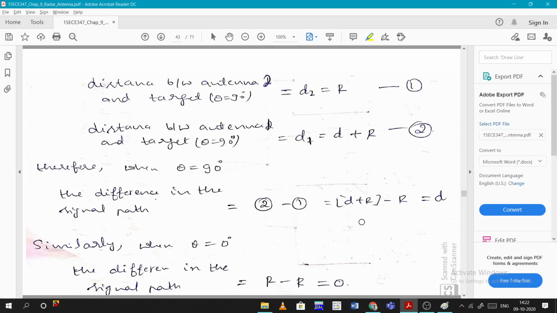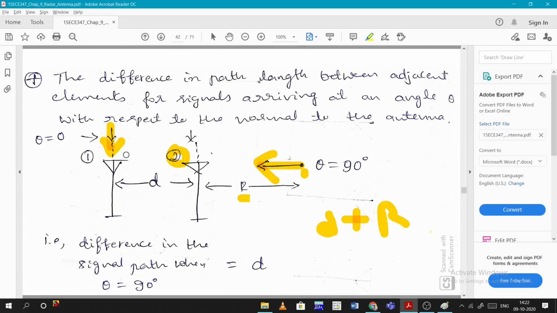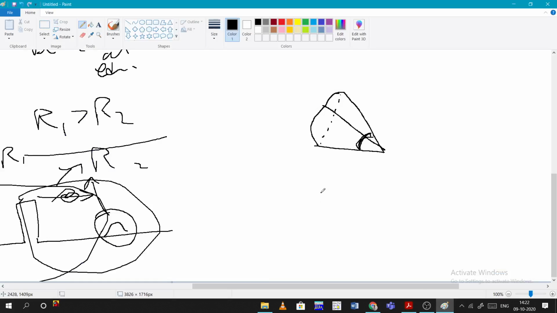We got d plus r minus r, that is d. Similarly, when theta is equal to 0, both are in the same direction. So basically it will be like this: a target is there, and the antennas are there.